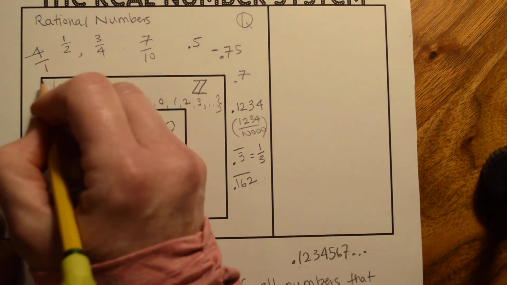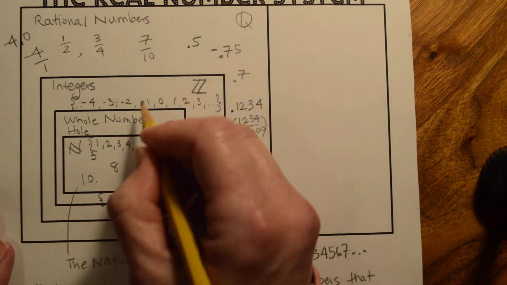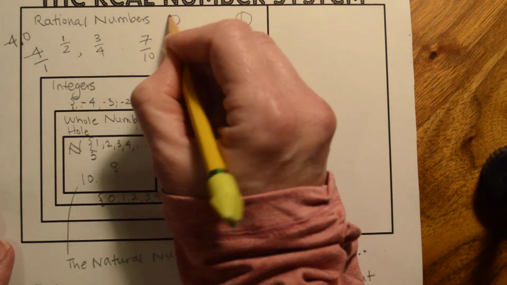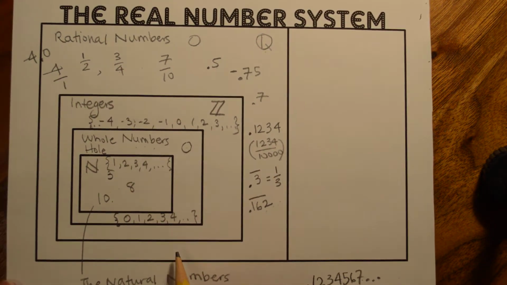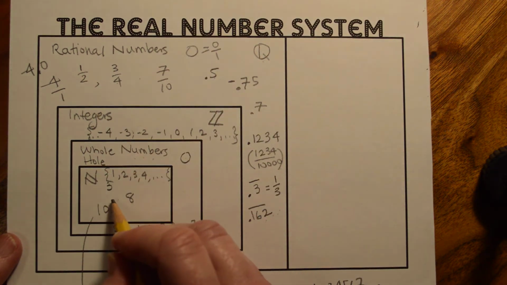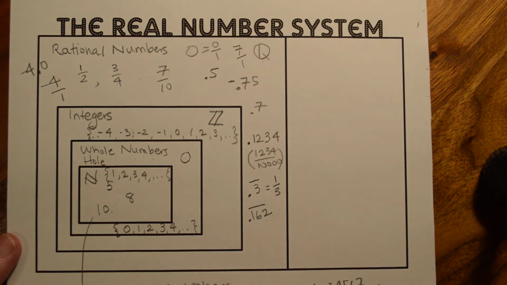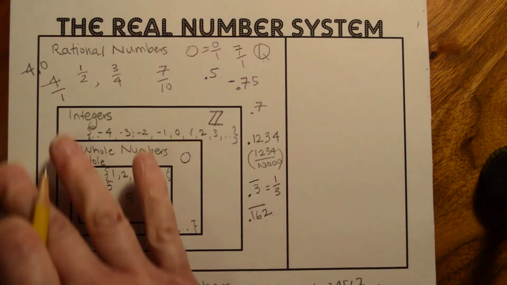Or you could think of it as a terminating decimal as -4.0 or something. It also contains the whole numbers. All right, 0 is a rational number because it's 0 over 1. It also contains a natural number, so, you know, like 7 is 7 over 1. So all of these sets are also included in it.